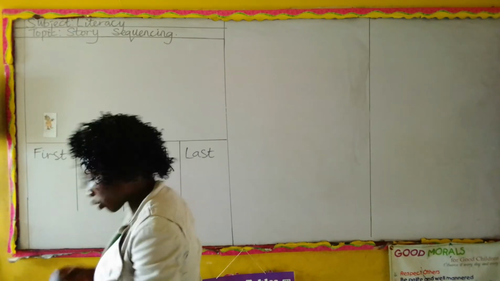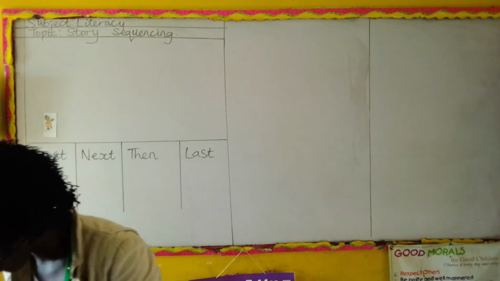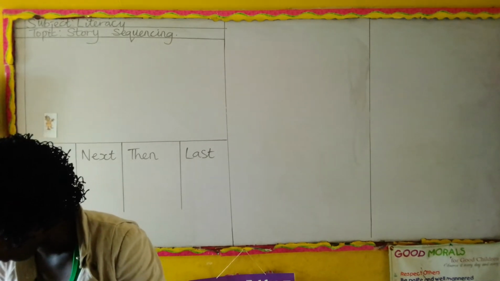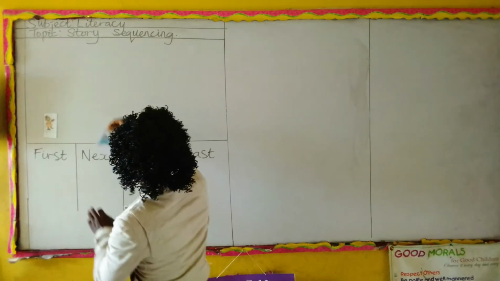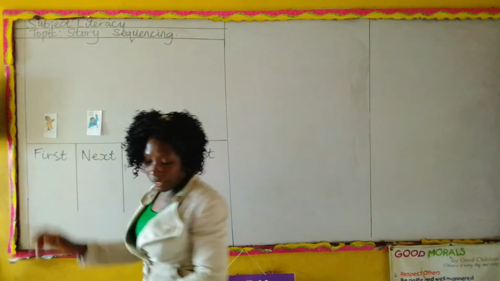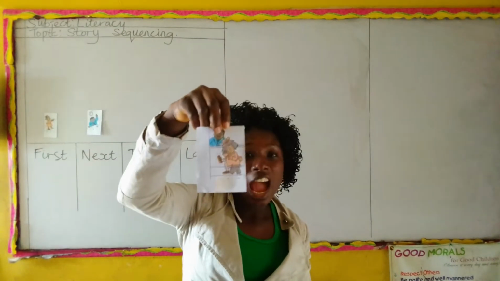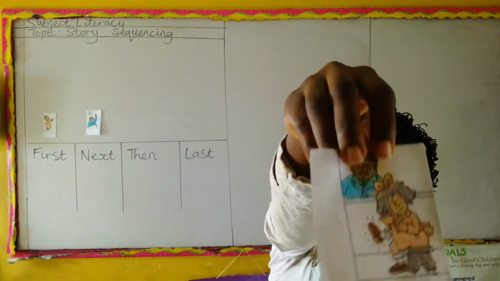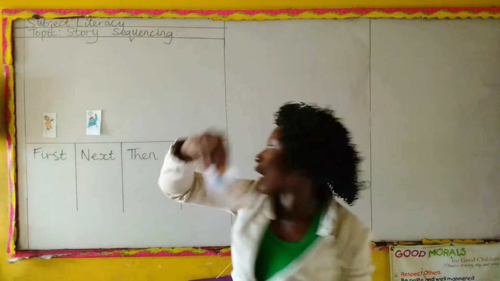Yes, the cobbler mending a shoe should be the second sequence. So let me try putting it up now. Okay, darlings, that is the next. And then what is the last sequence? The last sequence is a shoe has already been mended.